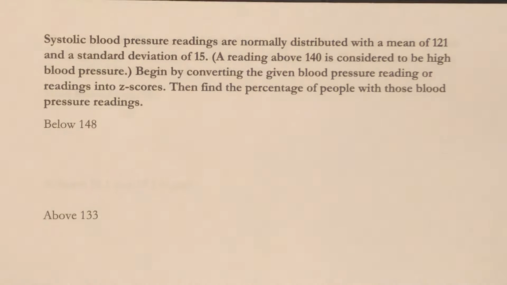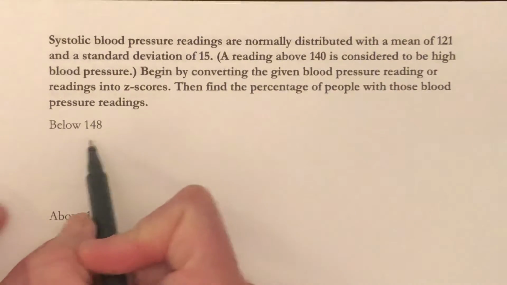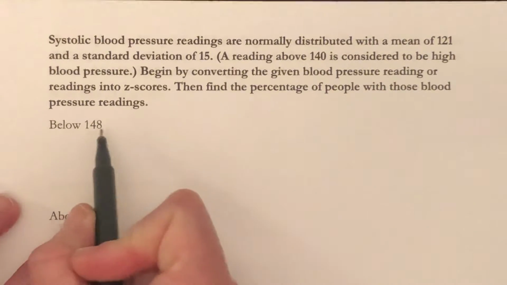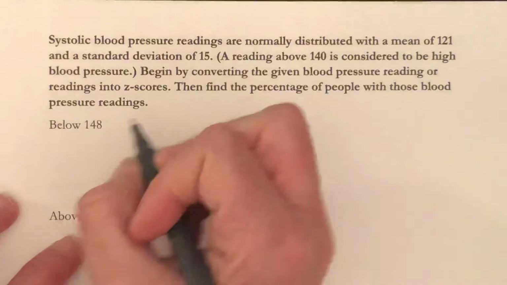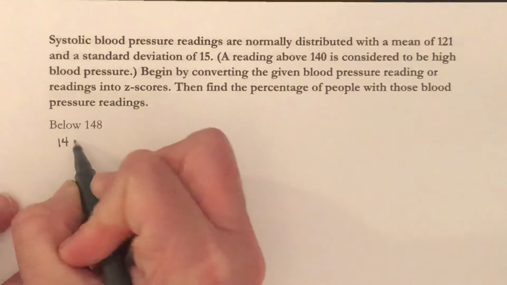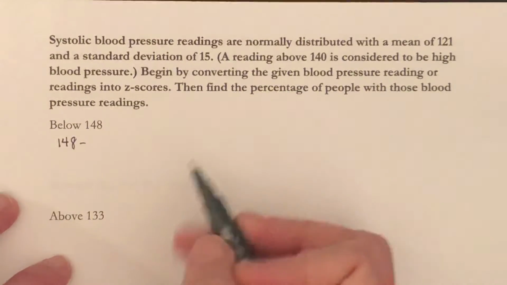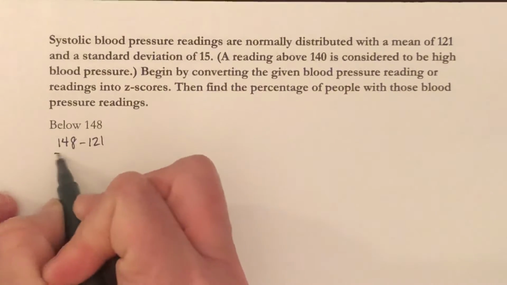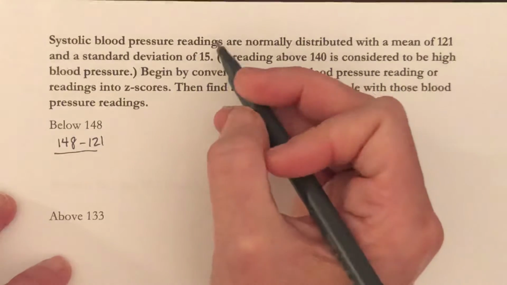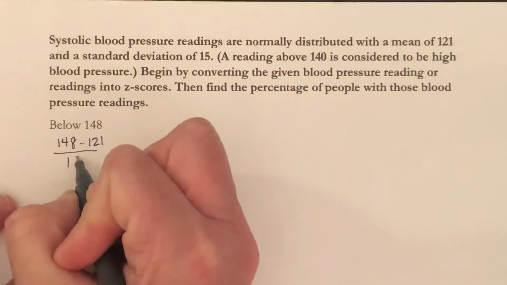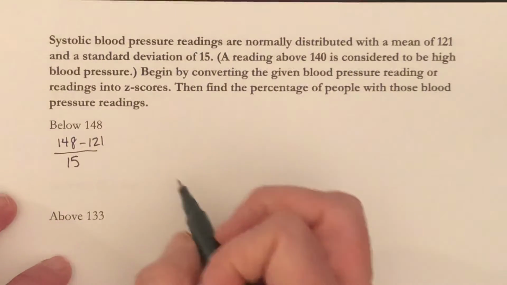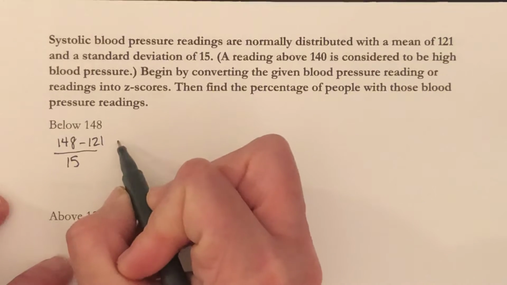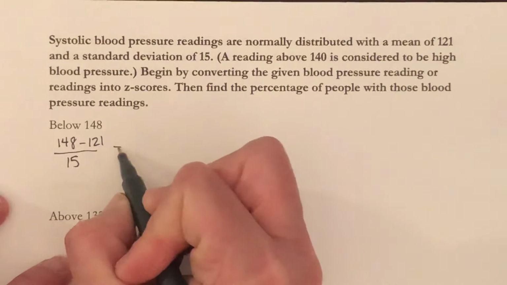Okay, so below 148. First, I need to convert 148 into a z-score. And remember, you take the value and you subtract off the mean, which is 121, and then divide by the standard deviation, which is 15. And this is equal to 1.8.